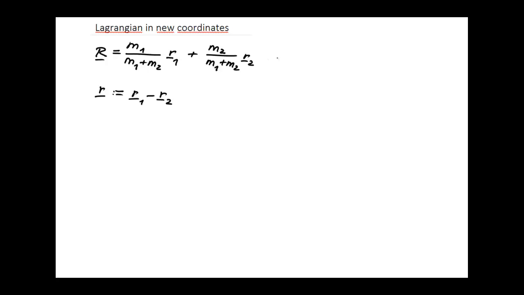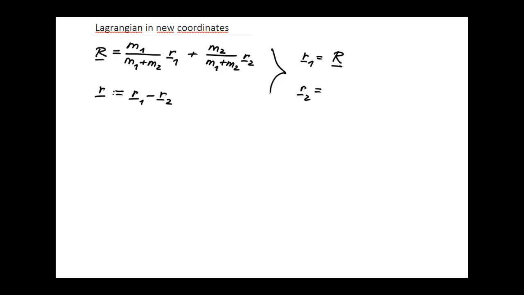So we have to invert these two equations and write r1 and r2 in terms of the new coordinates capital R and little r. Let me give you the results of this inversion.